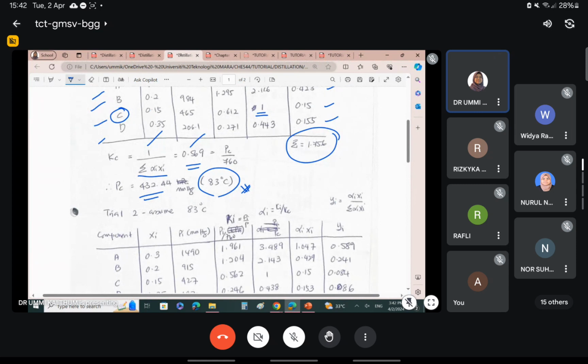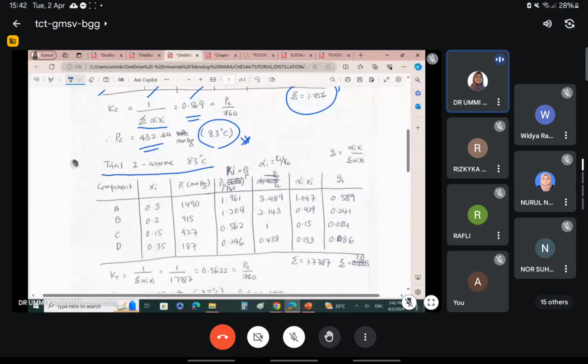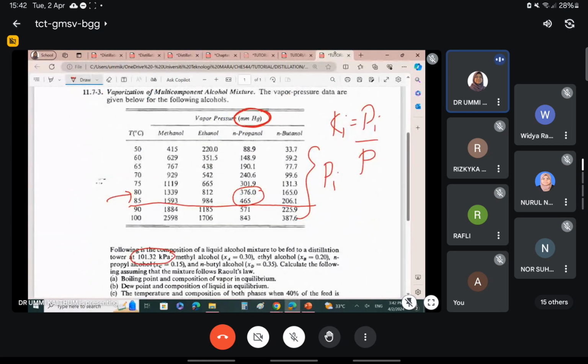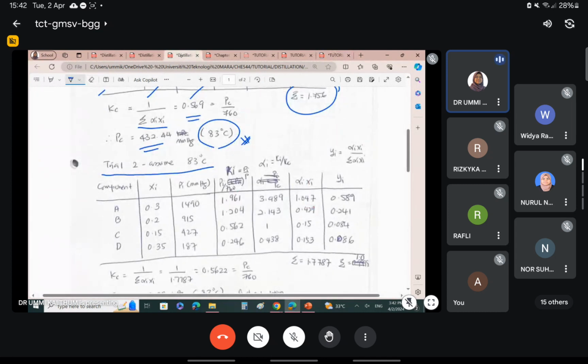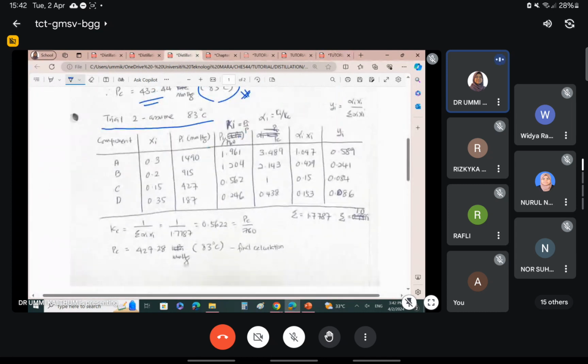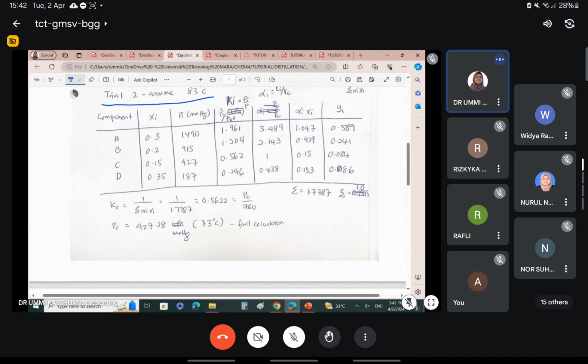Then you have to repeat again the calculation. So ambil saja 83 ni untuk trial nombor 2. So repeat the calculation at 83 degree ni, baca balik vapor pressure. Okay, buat semua. Sampai KC dapat 0.56, convert to vapor pressure dapat 427.